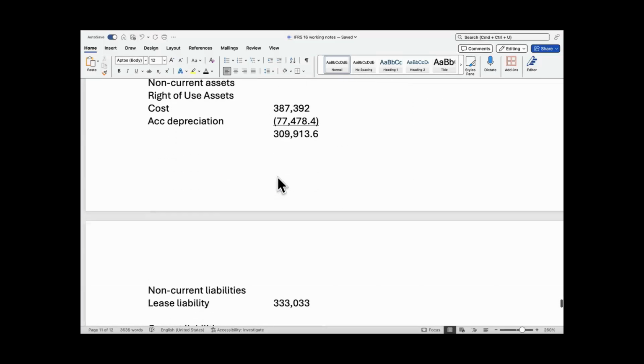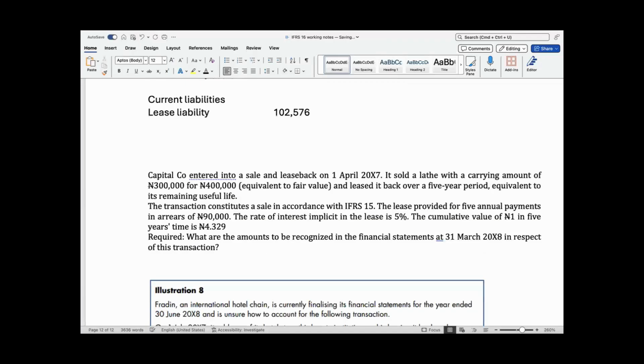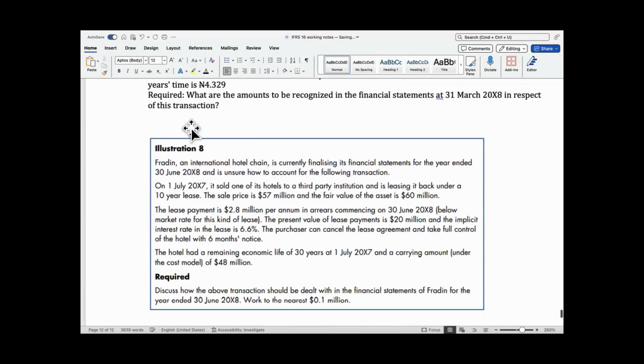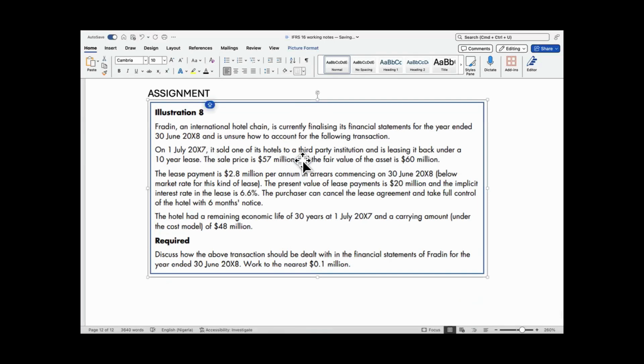So I would ask you to solve this question that is similar to what I've solved so far. And also do this one as assignment. So this particular one is where the lease rentals is lower.